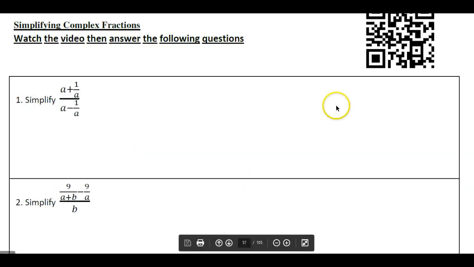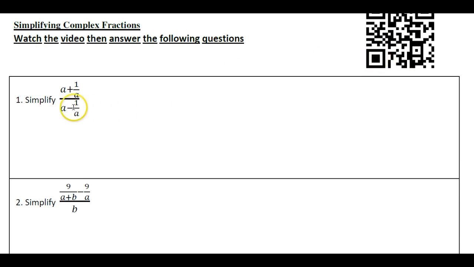Let's continue. And again, you can scan the video here, and I will give you my 2 cents in a sense. So what is the protocol when we have complex fractions? That is, a fraction in the numerator and a fraction in the denominator.